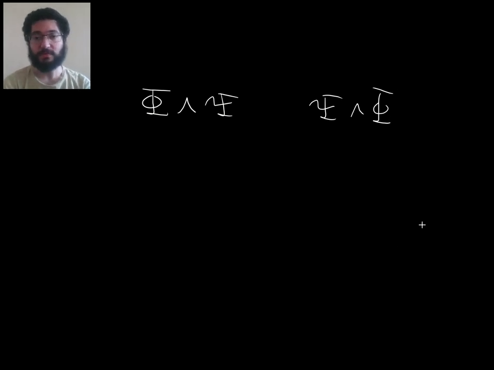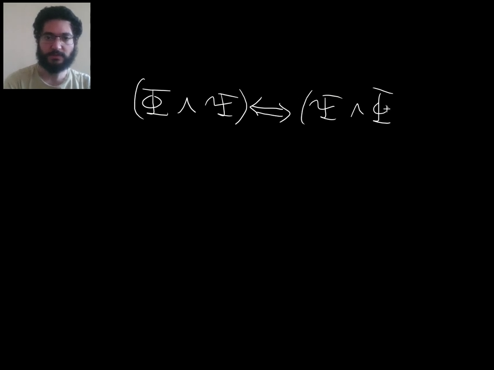Does that mean they're the same string of marks? No, of course not. They're literally different markings. They look different. One is not a copy of the other. However, they hold or fail to hold together. So this is what's meant by saying they're the same. The truth of one implies the truth of the other, and vice versa.